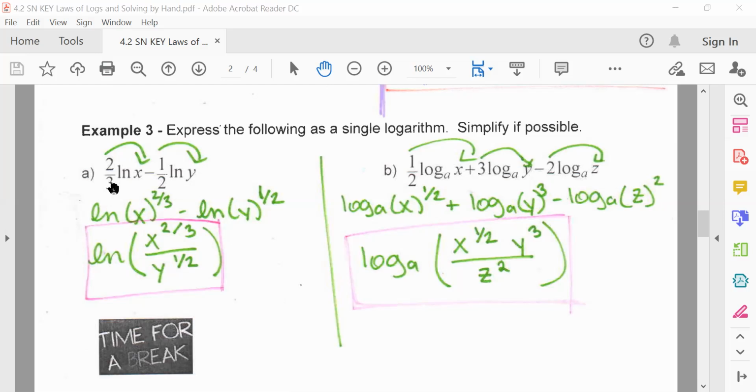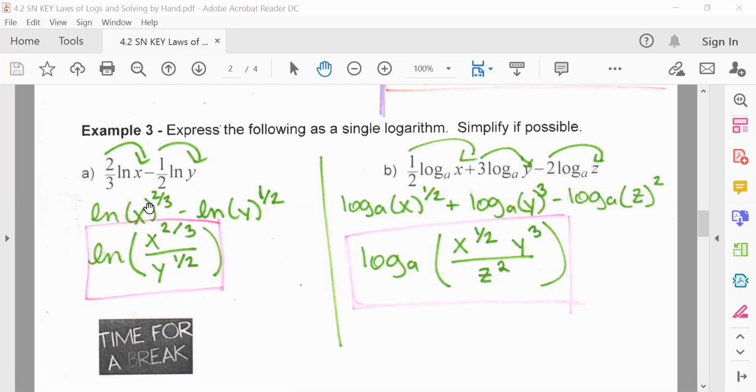So this 2/3 coefficient in front of natural log of x becomes natural log of x to the power of 2/3. Then this 1/2 natural log y, that 1/2 becomes the power on the y. Good? So we'll have natural log of x to the 2/3 minus natural log of y to the 1/2.